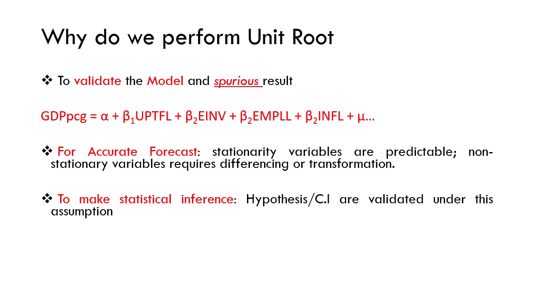So here we say stationary variables can be used for prediction, while non-stationary variables require that further steps are taken to bring those data back to a position whereby they can be used for estimation processes. One of that is to difference the data, or perhaps you can transform the data.